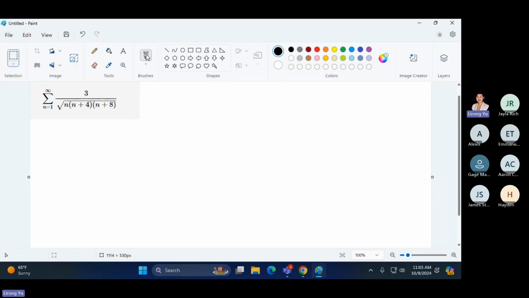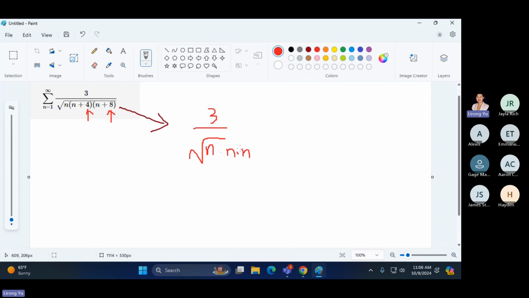So determining converge or diverge is the thing that we have to do first. We figure out at infinity what happens when n is large enough. The one we should compare to is 3 over a root, and then you identify the highest power. Something that goes n times n times n, so this is really 3 over root of n.